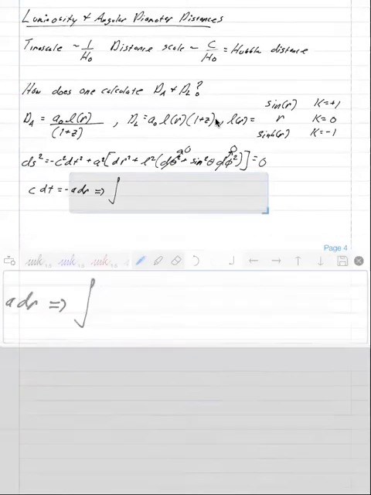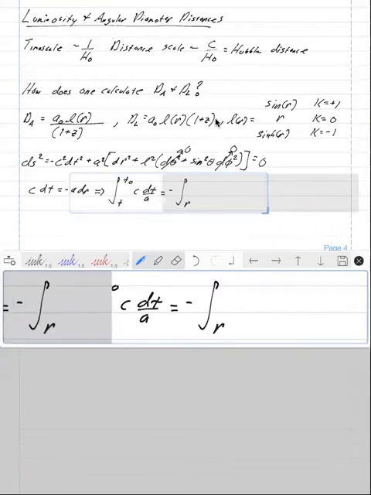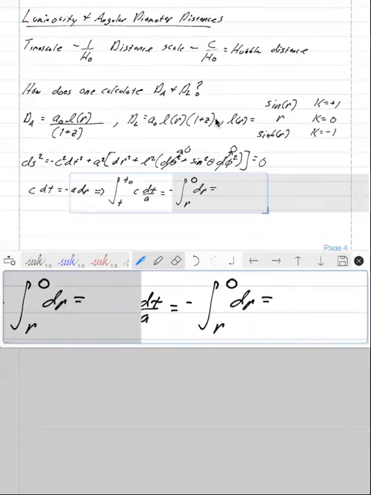And this leads to the integral of going from some time in the past to today, c dt over a is equal to minus, we're integrating from r, so photon started at some r distance away and is coming to us, so from r to 0, dr is equal to r.